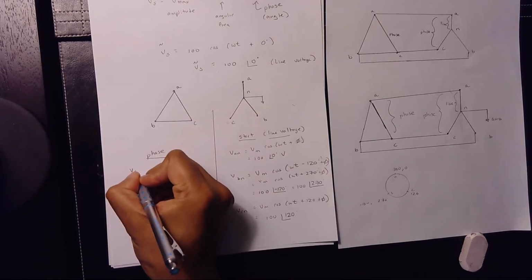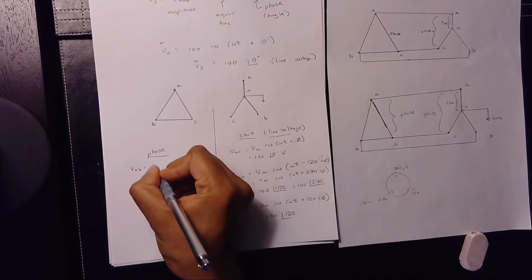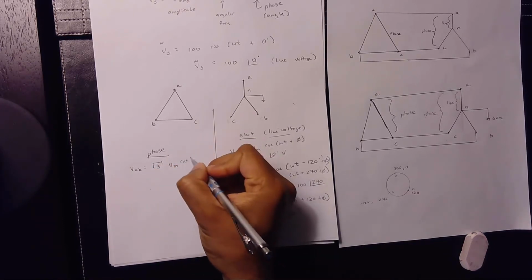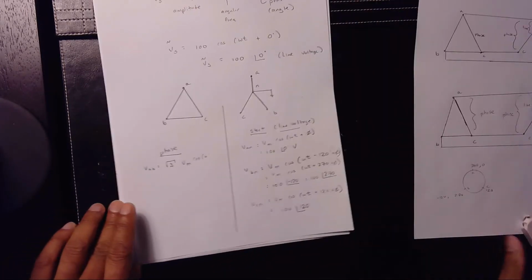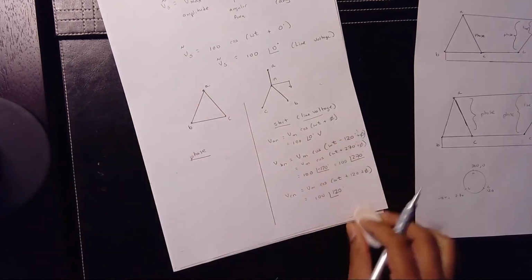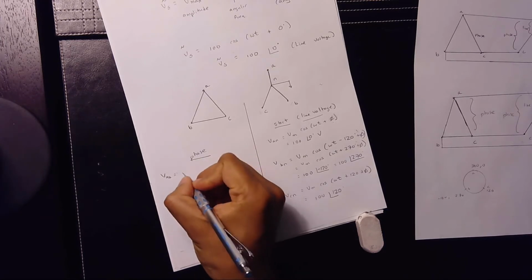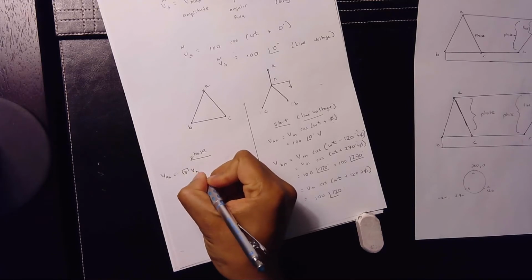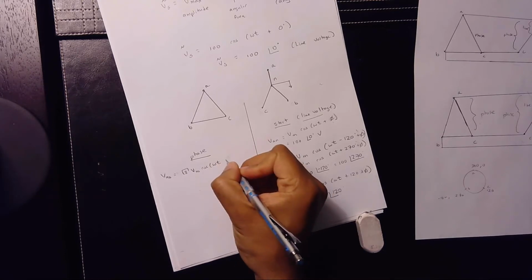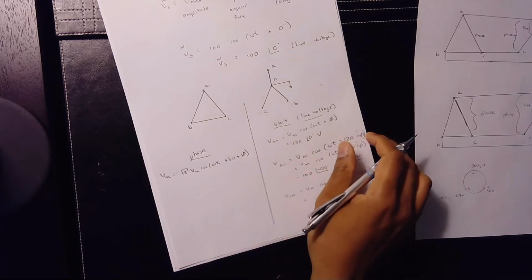So our VAB, A to B, is square root of 3 VM cosine omega t plus 30 plus phi.